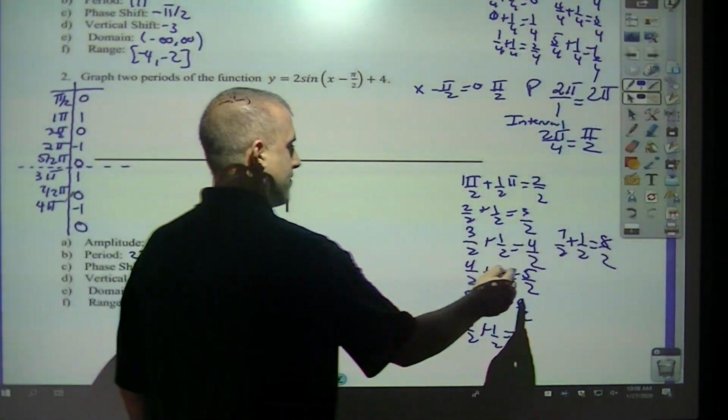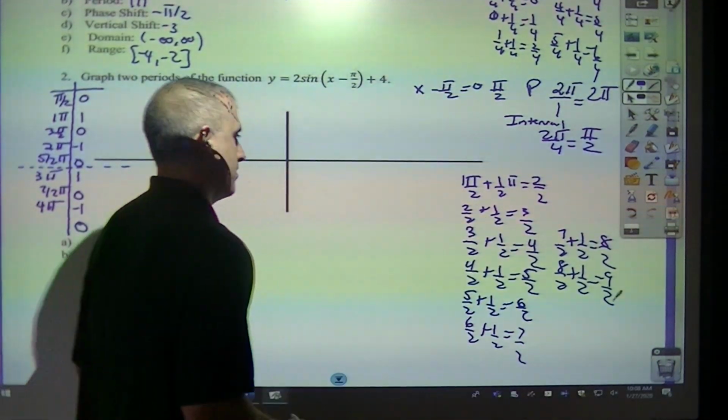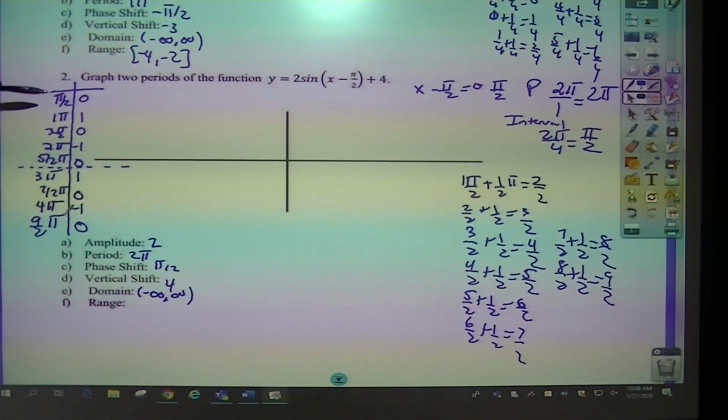And 8 over 2 plus 1 over 2 is 9 over 2. So as you can see, I'm going from pi over 2 all the way up to about 4.5 pi.